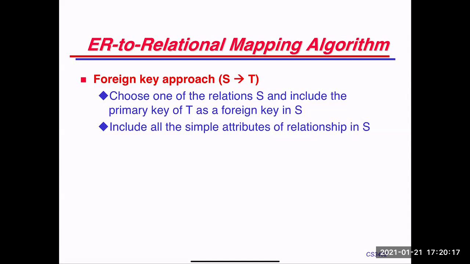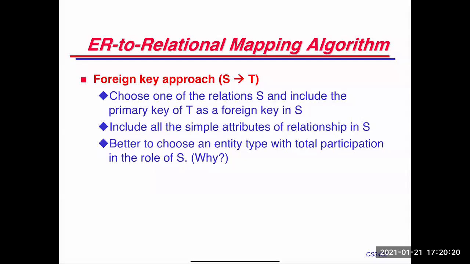Now it's better to choose the entity type that has a total participation, if there's one, in the role of this relation S here. Okay, so what do I mean by that? Why do I want to choose the one that has total participation? Right, so I want to avoid having null values.